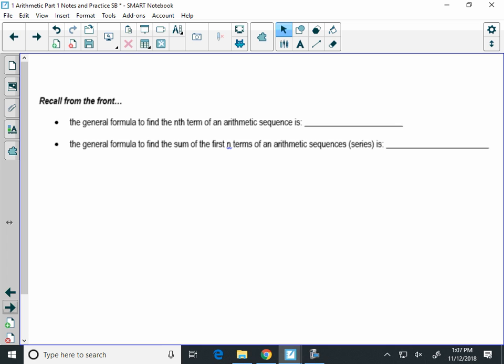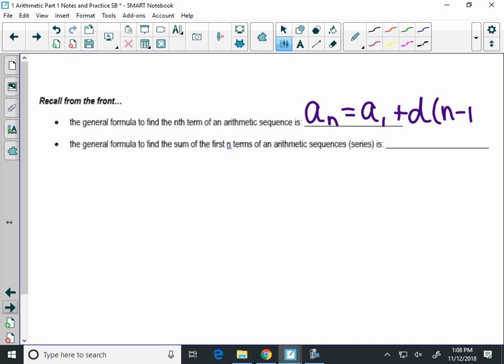So our formula to find the terms of a sequence is this. Again, we called it our nth term formula. So the sequence is the A sub n formula, which is A sub n equals A sub 1, that's your first term, plus, I like to write it this way, I like to put the d times n minus 1.